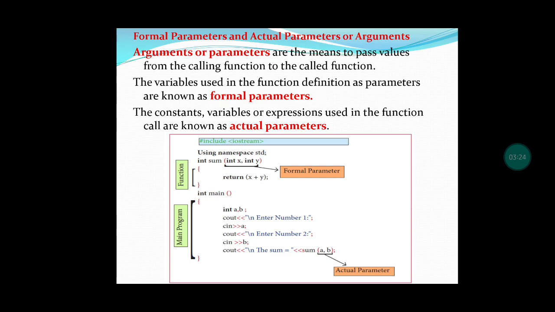So a is 5, b is 10, x value is 5, y value is 10. X plus y means the output of this program will be 15. See this example. X and y are the formal parameters, a and b are the actual parameters. We are passing the value from the actual parameters to the formal parameters.